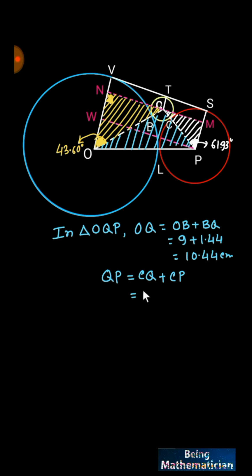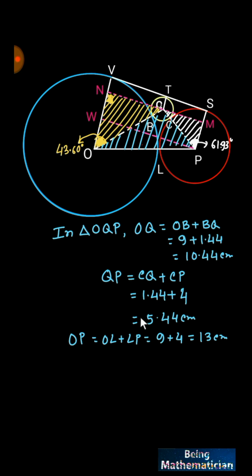Now we got CQ is 1.44 and CP is 4, so 5.44 centimeter. Now OP must be OL plus LP, and it is 9 plus 4 and must be 13 centimeter.